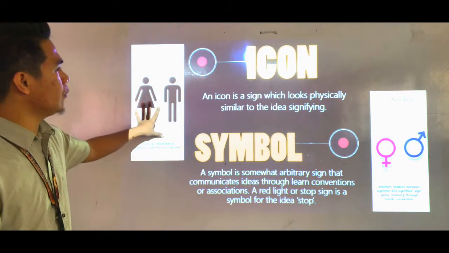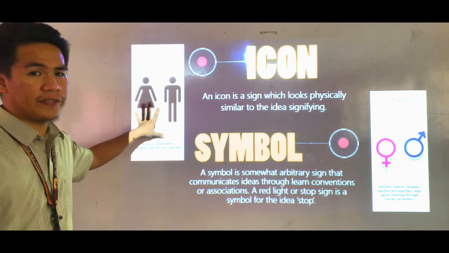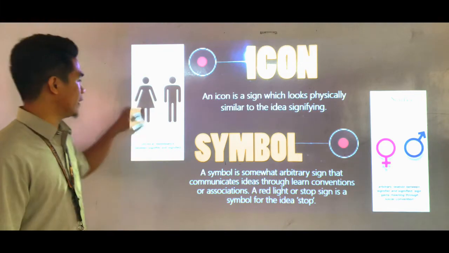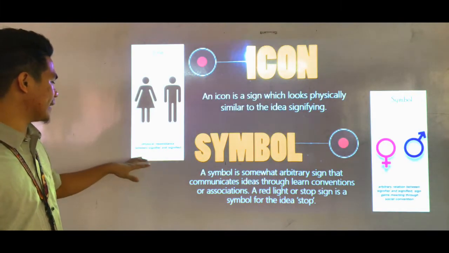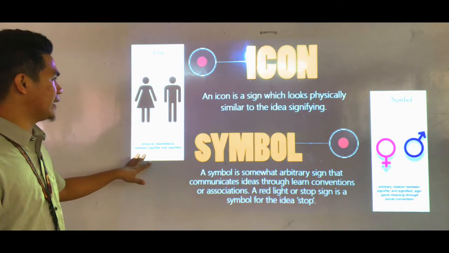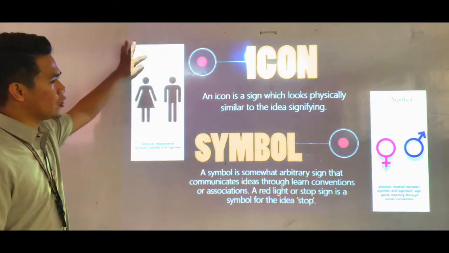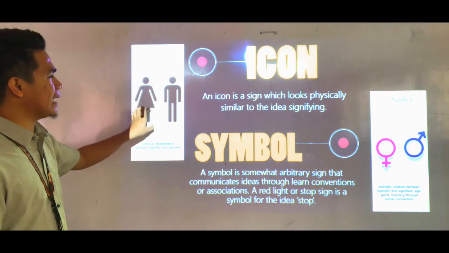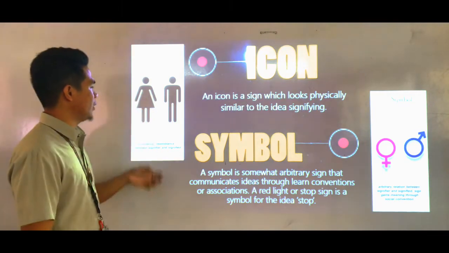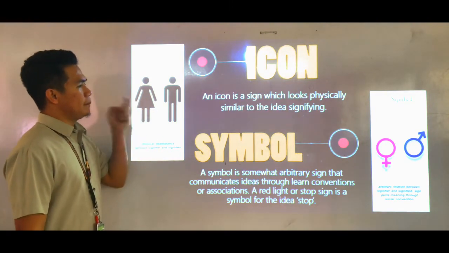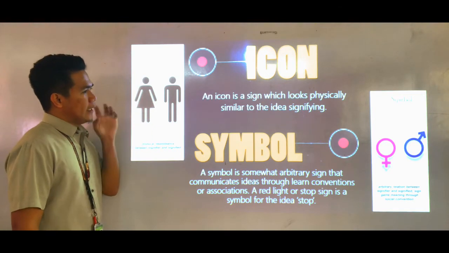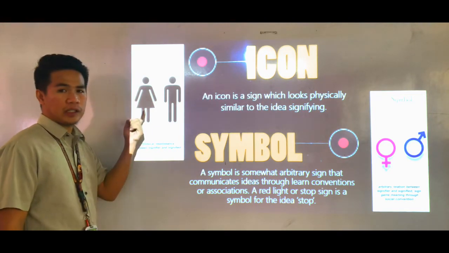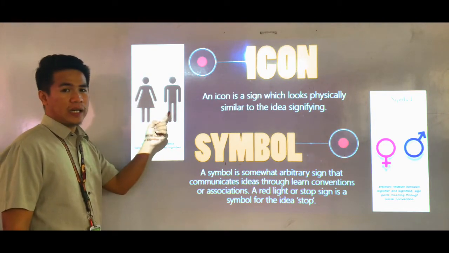So, here are more examples of the icon and the symbol. When we say icon, there is a physical resemblance between signifier and signified. Looks physically similar to the idea. So, ibig sabihin, itong physical icon na ito signifies a girl and a boy.